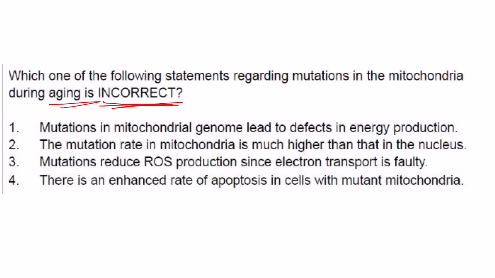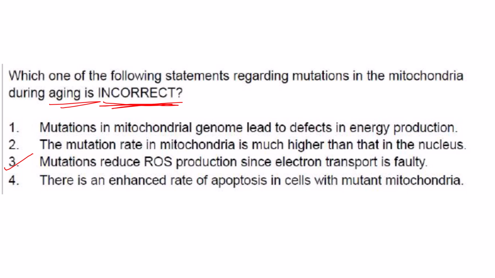So when the electron transport chain is faulty due to mutations in mitochondrial DNA, then electron transfer through the chain becomes less efficient, and this can lead to increased electron leakage, and it can cause higher ROS production. So, mutations reduce ROS production since electron transport is faulty, no. Mutations increase ROS production when electron transport is faulty is the correct statement. So they have asked for the incorrect statement, so that is the answer.